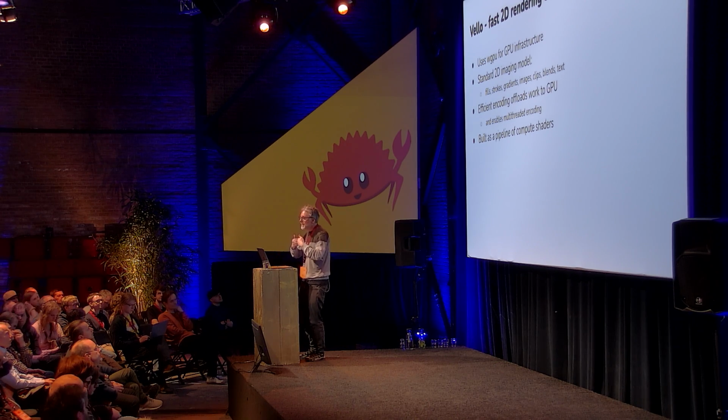You want to do as little as possible on the CPU and offload all of that work to the GPU. It is implementing the full standard 2D imaging model, so we have vector paths with fills and strokes, gradients, images, clips, blends, and text.